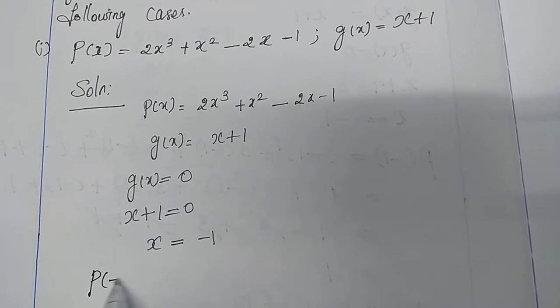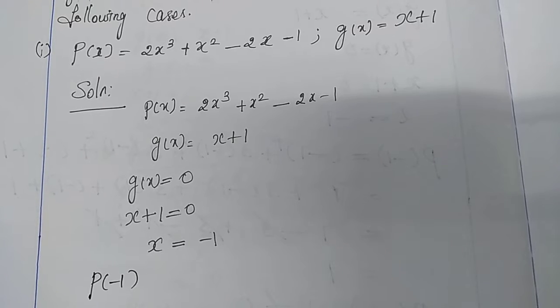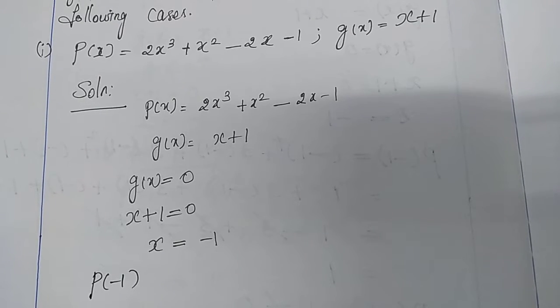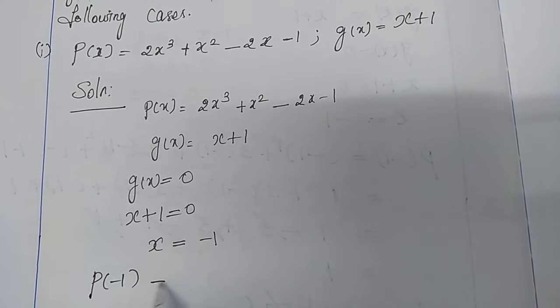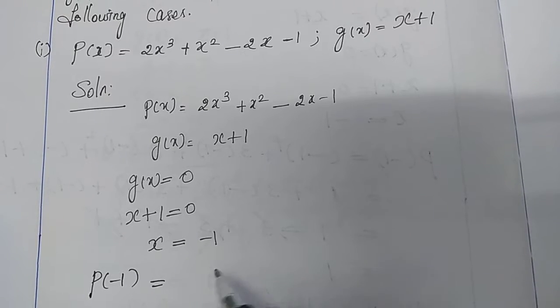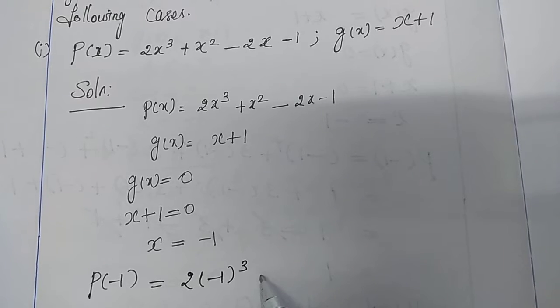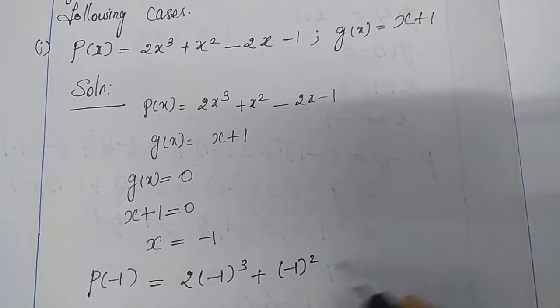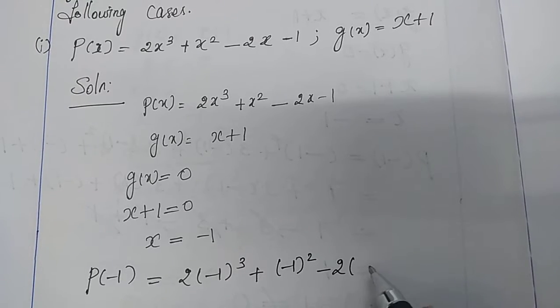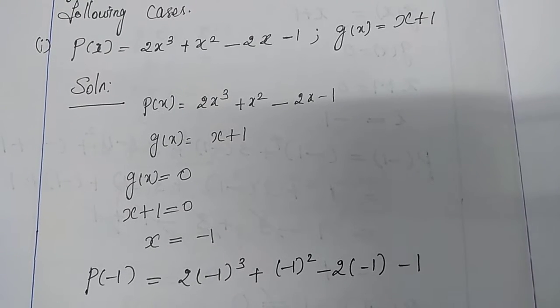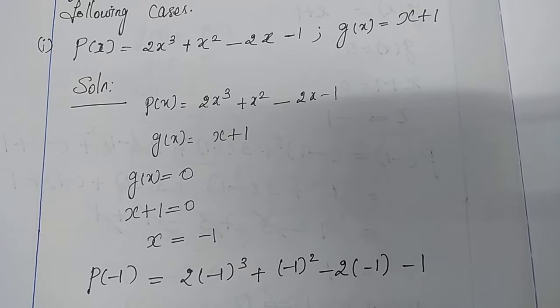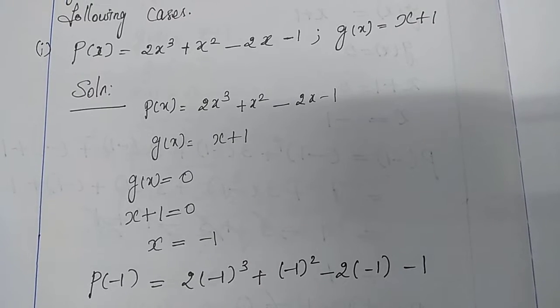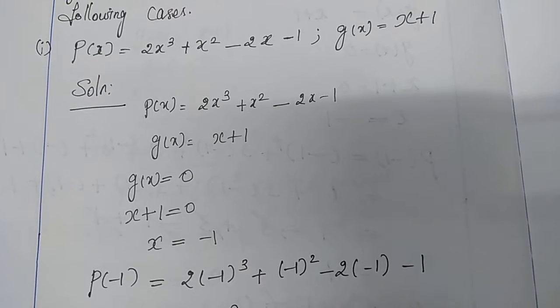That is p of minus 1 equal to 2 into minus 1 the whole cube plus minus 1 the whole square minus 2 into minus 1 minus 1. This is equal to 2 into minus 1. Minus 1 the whole square is a plus 1.